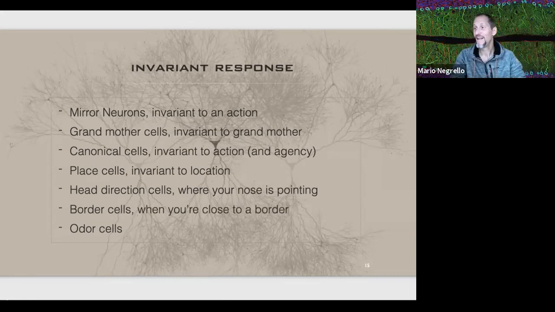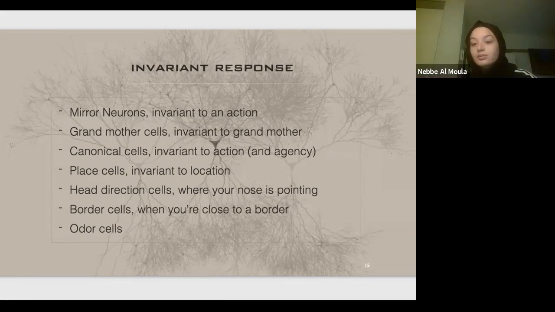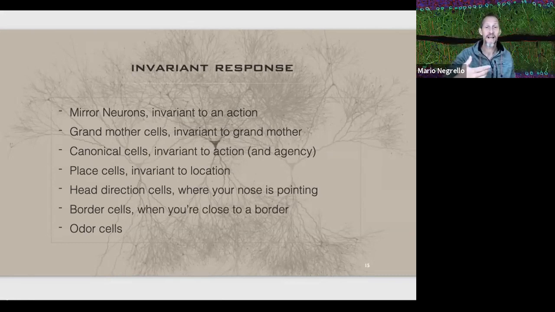Indeed, very much so. So when you're close to a border, your border cell will fire. It basically tells you how close you are to the rest of the environment. Think a little bit about the parietal cortex. And then object cells, you can have a banana cell, which will fire very much when you see a banana and not as much when you see a carrot.